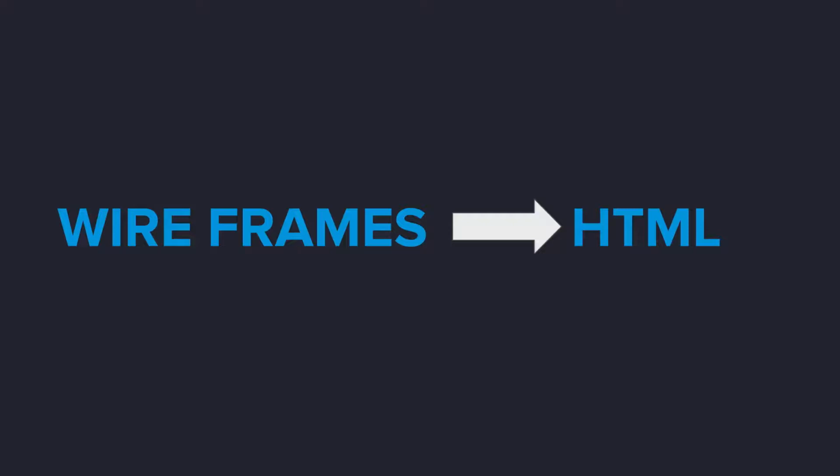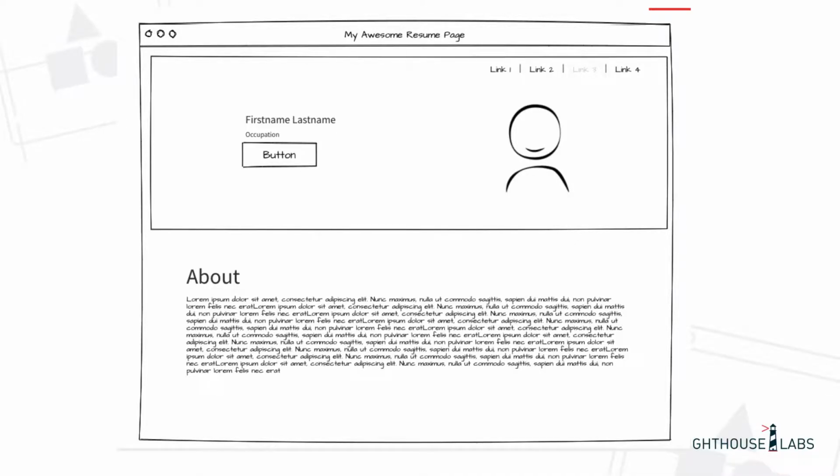Okay, so now we're going to look at actually translating those wireframes into HTML. So we're going to create this, and when I say create this, it's not going to look like this at all. But we're going to create the tags for the content that's going to go in here, starting with the skeleton.